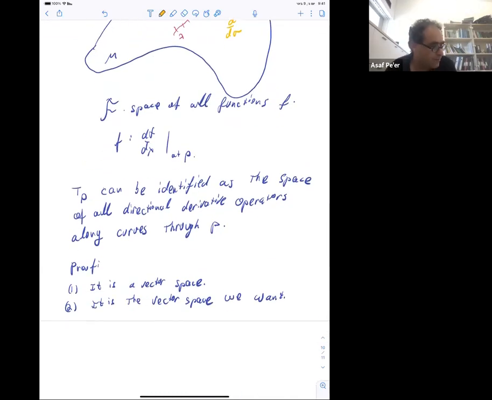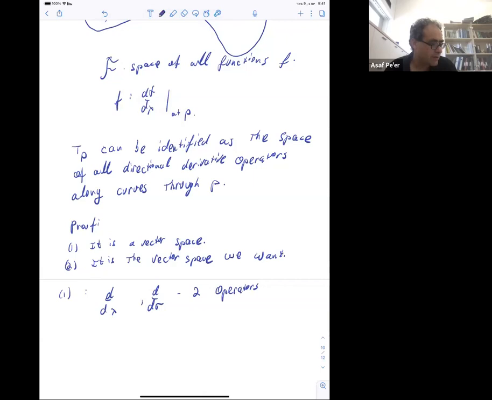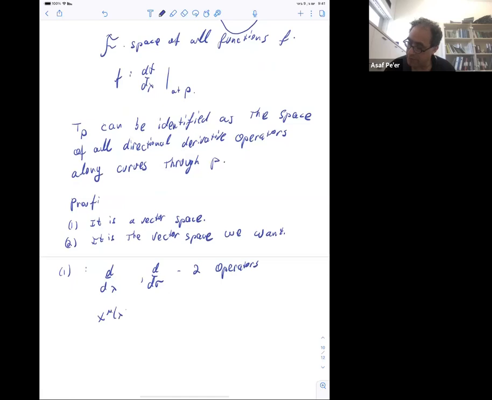So if I have two operators, d over d lambda and d over d sigma, which represent derivatives along these two curves that both go through P, I can think of these curves as x mu of lambda and x mu of sigma.